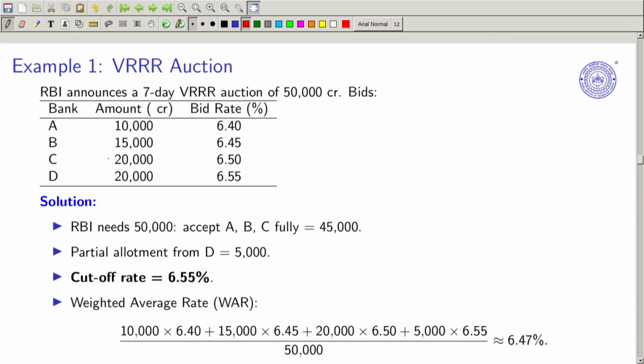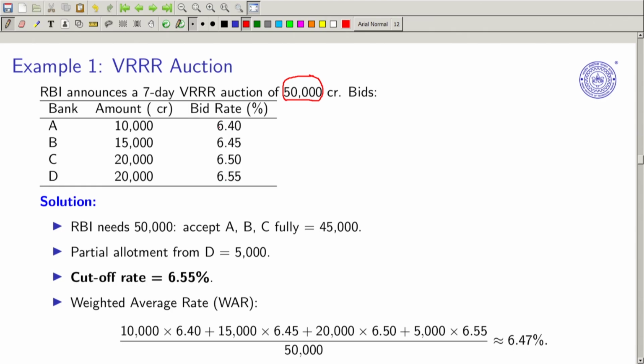There are 4 banks A, B, C, D. The total amount, you can note it down, is 50,000 crore. The first bank has quoted that they are ready to lend at 6.40, the second bank 6.45, the third bank 6.50 and the fourth bank 6.55.